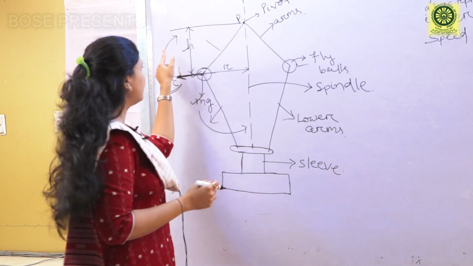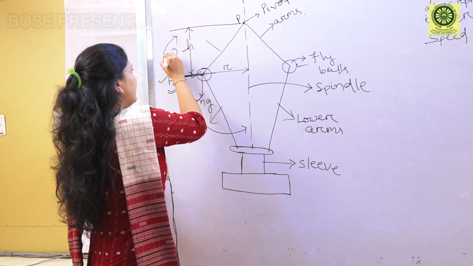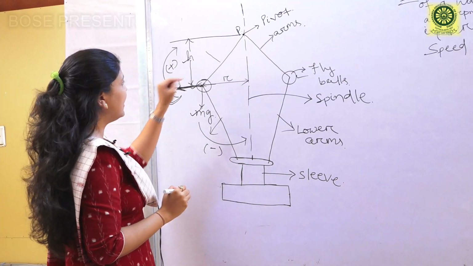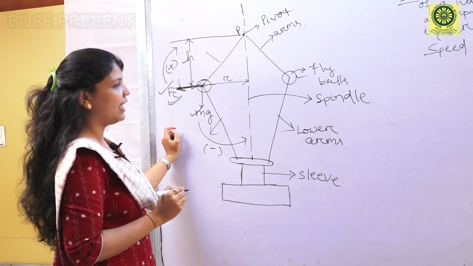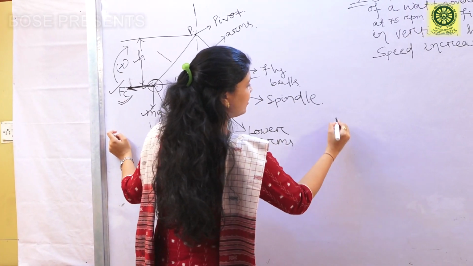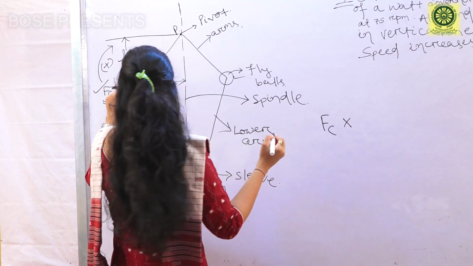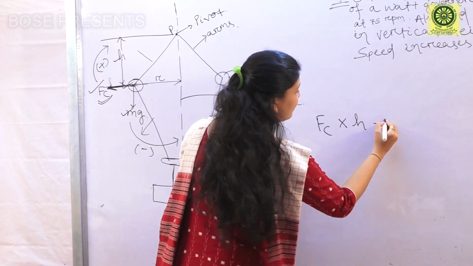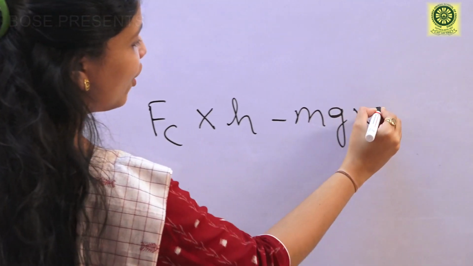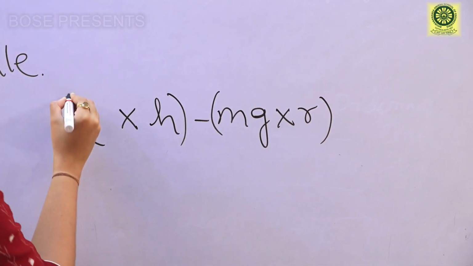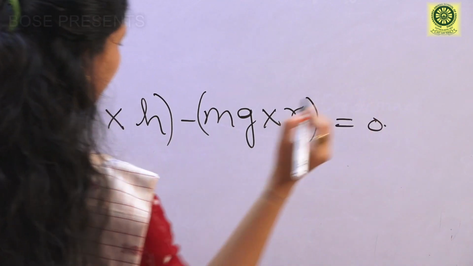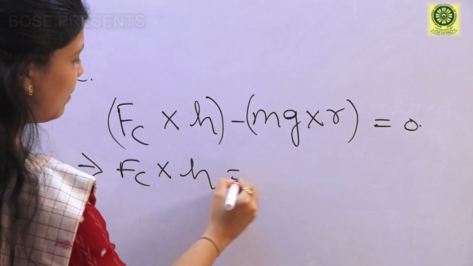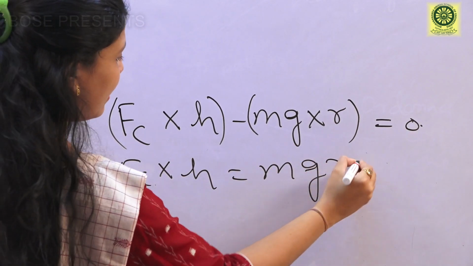I am taking the clockwise moment as positive and the anti-clockwise moment as negative. So the net moment at the point P is Fc into h minus mg into r, equals 0. So Fc into h equals mg r.